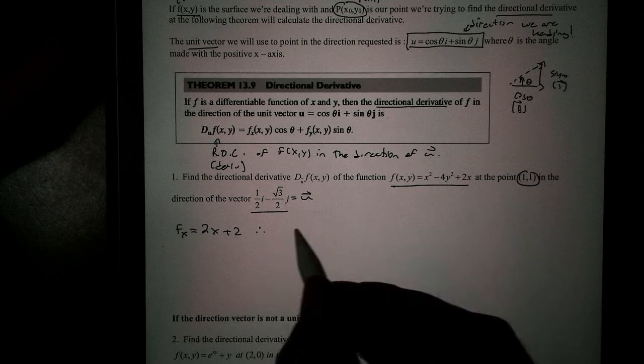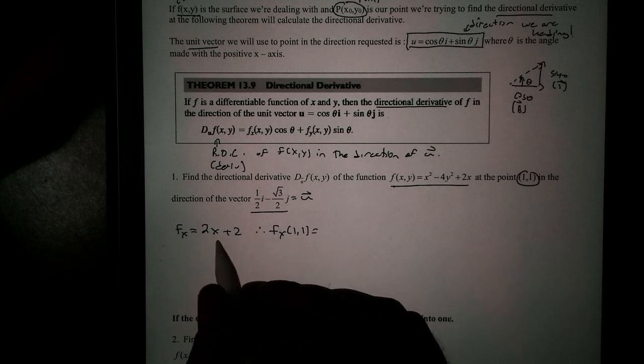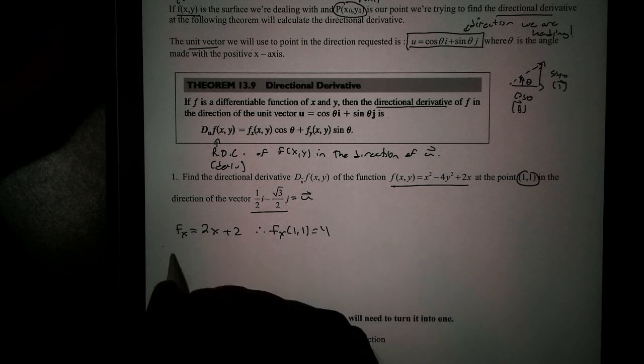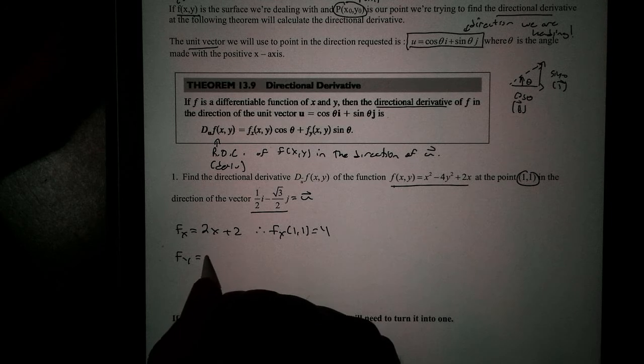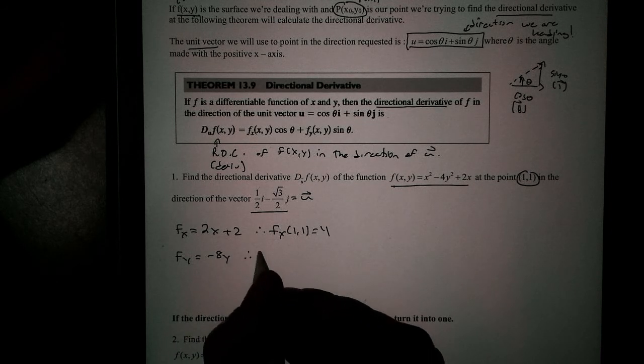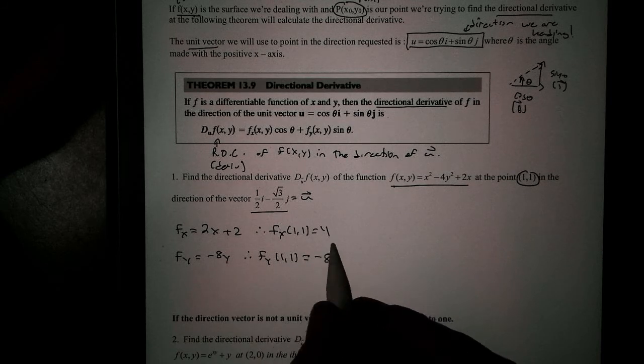And if I plug in my point, 1, 1, we would get 4. If I take the partial with respect to y, we would get negative 8y. And if we plug in the point 1, 1 again, we would just get negative 8.